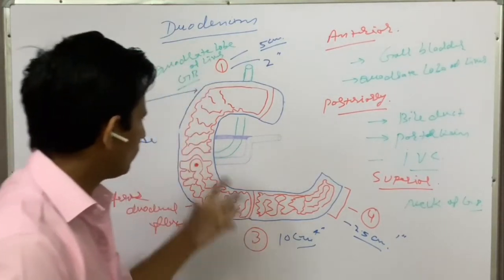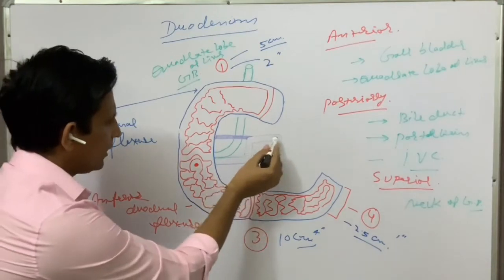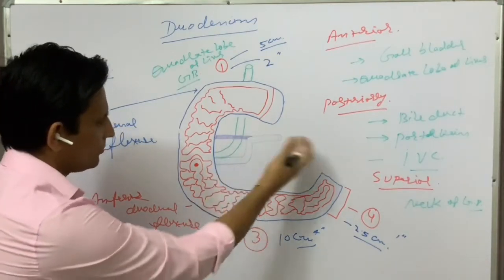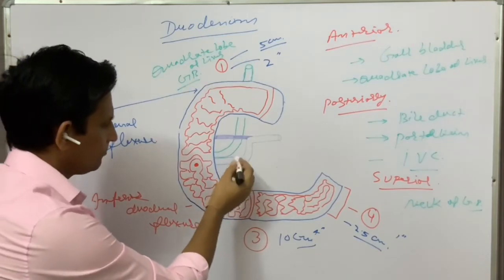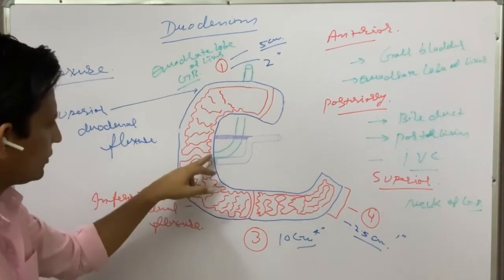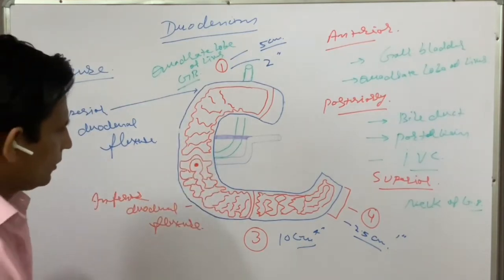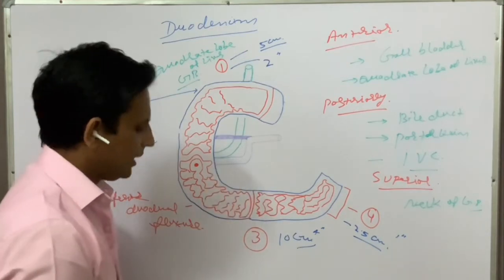This part is very important. As you can see, there are glands coming from this side of the duodenum and penetrating the wall of this particular structure. This one is the main pancreatic duct.